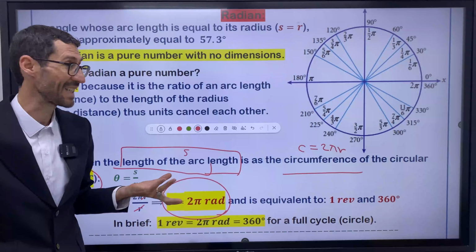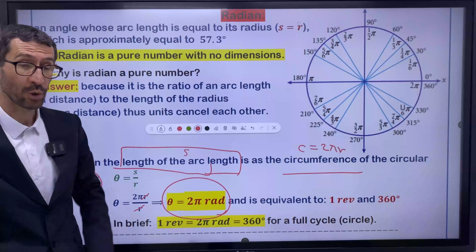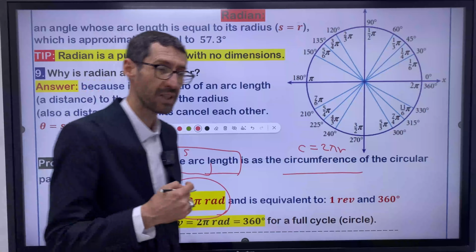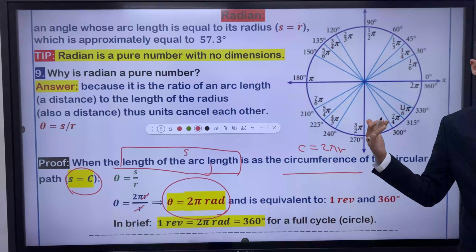Teacher, what do you mean by this? We don't understand exactly. Let me show it to you on the graph. What does this proof talk about?